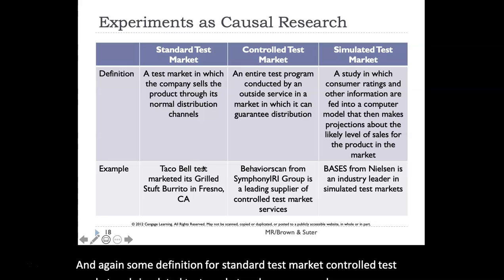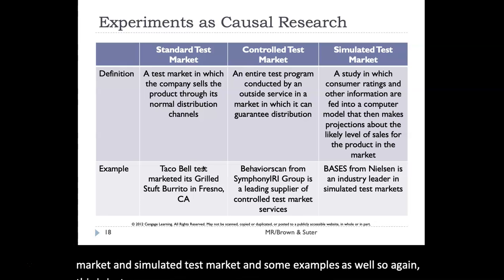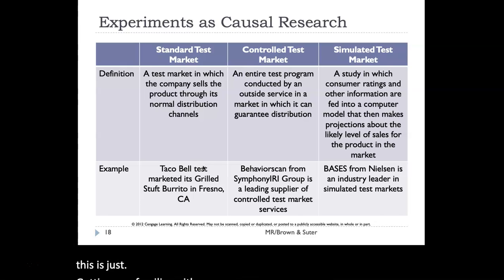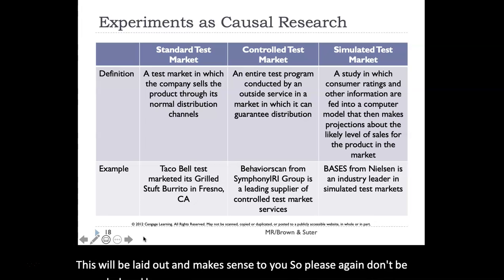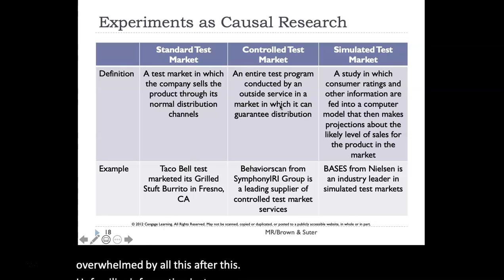So again, this is just getting you familiar with the terms. And as we go through the course, this will be laid out and make sense to you. So please, again, don't be overwhelmed by all this unfamiliar information. Just trying to get your feet wet with some of the terminology.